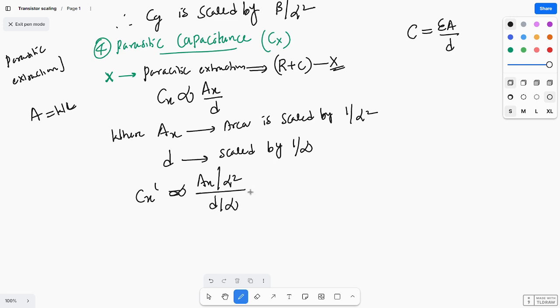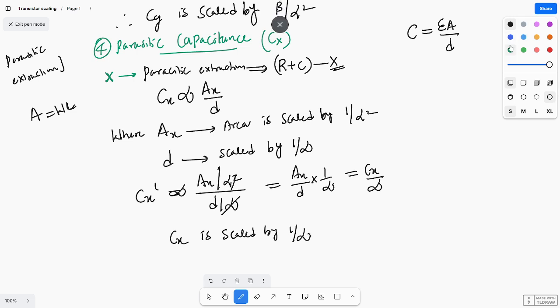Anyway, one alpha gets cancelled, so you are getting A by D into 1 by alpha. So this is Cx by alpha. Therefore parasitic capacitance Cx is scaled by 1 by alpha.